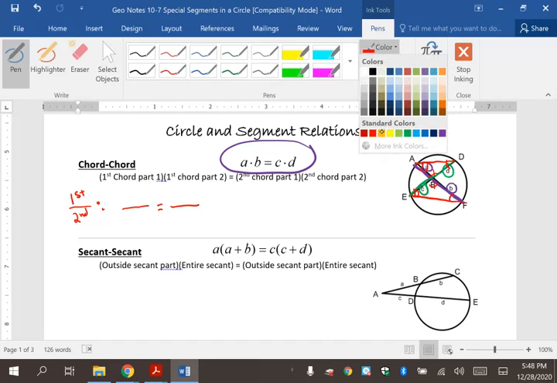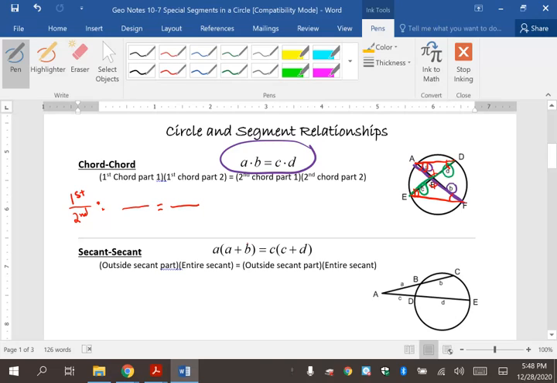How about an orange? So we have this letter A over C equals D over B. Cross multiply and you get the formula.